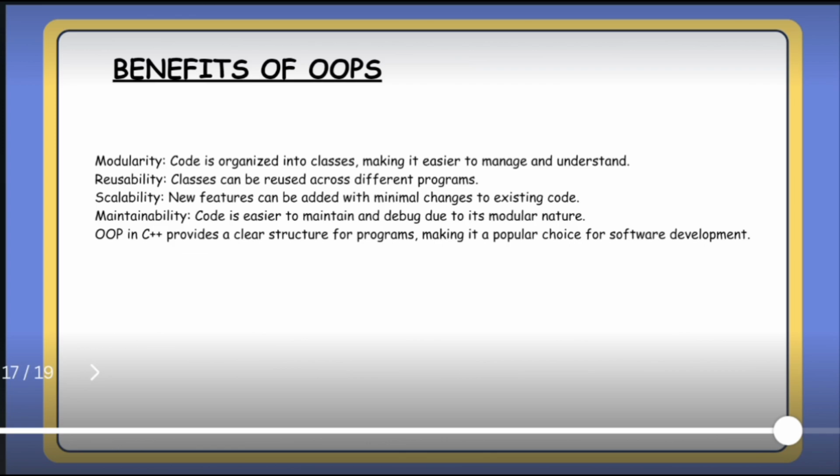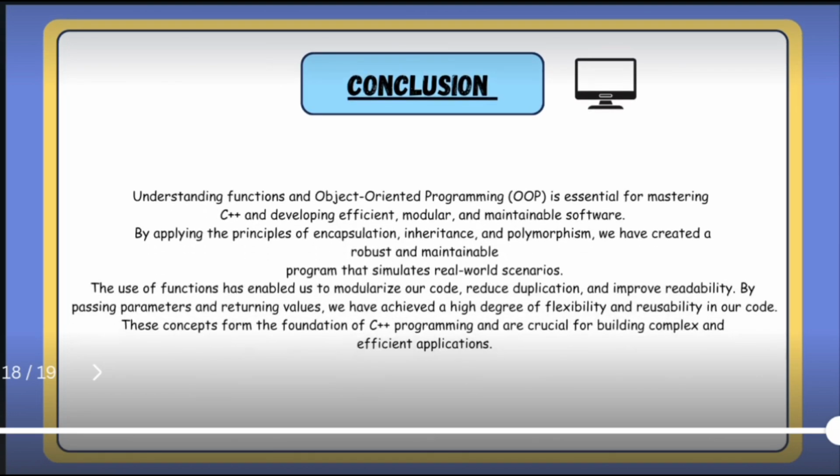That means we can add new features without any struggle. Then maintainability. The code is easier to maintain and debug due to its modular nature. So OOP in C++ provides a clear structure for programs, making it a popular one. So that's all about the topics.